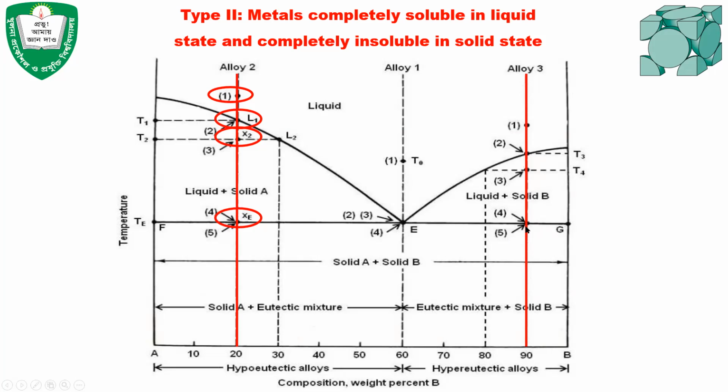And then at room temperature, what will be the microstructure? At the same time, you have to show the chemical composition and relative amount of phases at temperature T3, T4, T5. Okay, that will be your assignment.